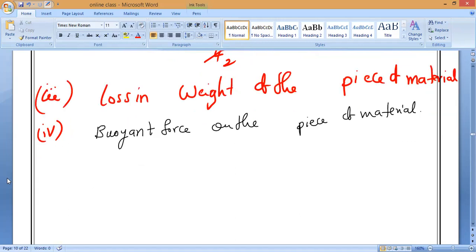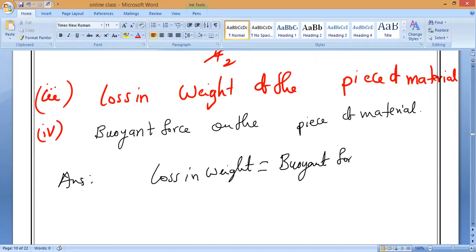Okay, so that is what you have to remember. So loss in weight is equal to the Archimedes principle. Loss in weight is equal to what? Buoyant force. Do you remember or not? That is only what we used to call upthrust.